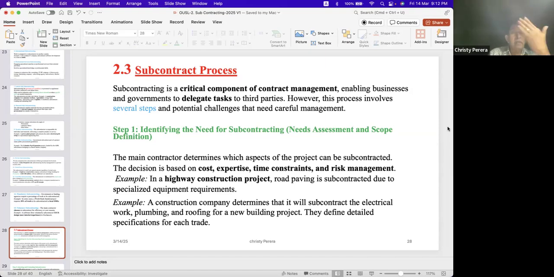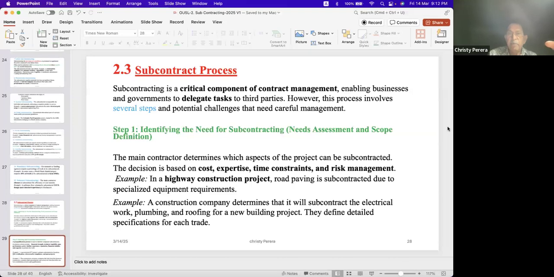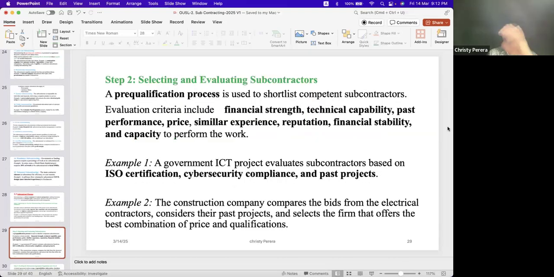In the process of selecting a subcontractor, the first step is the need assessment. The second step is selecting and evaluating subcontractors. That is also very important. I have given you the subcontract types, so now you can automatically understand this.